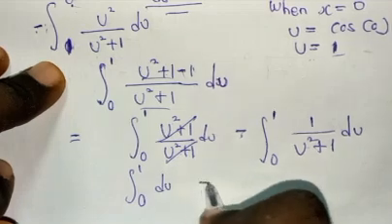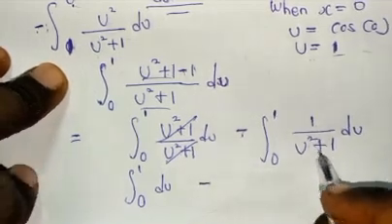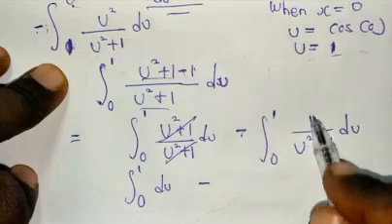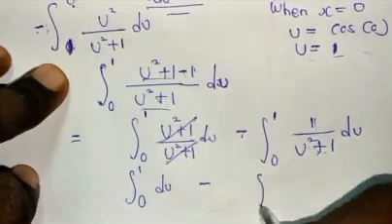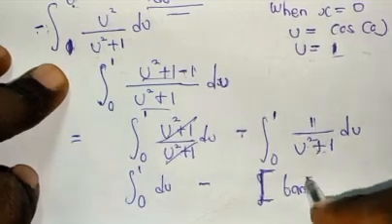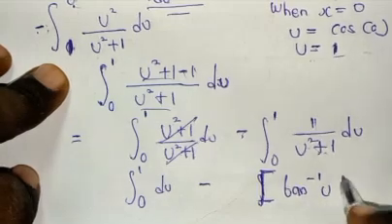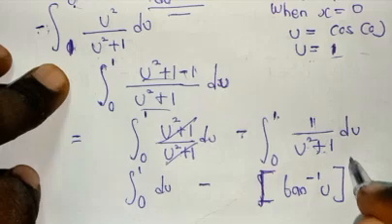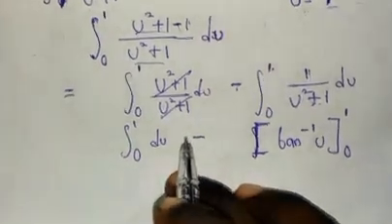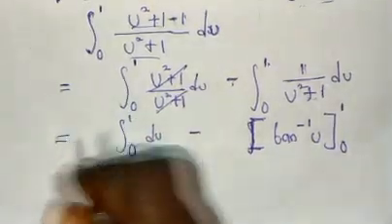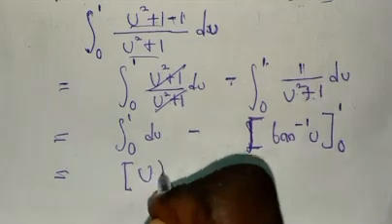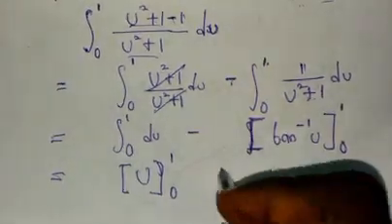And for this side, don't forget when you integrate this, we are going to be making a trigonometric substitution, which is tan inverse of u, with upper limit of 1 and lower limit of 0. And when you integrate this also, we are going to have u, with upper limit of 1, lower limit of 0.